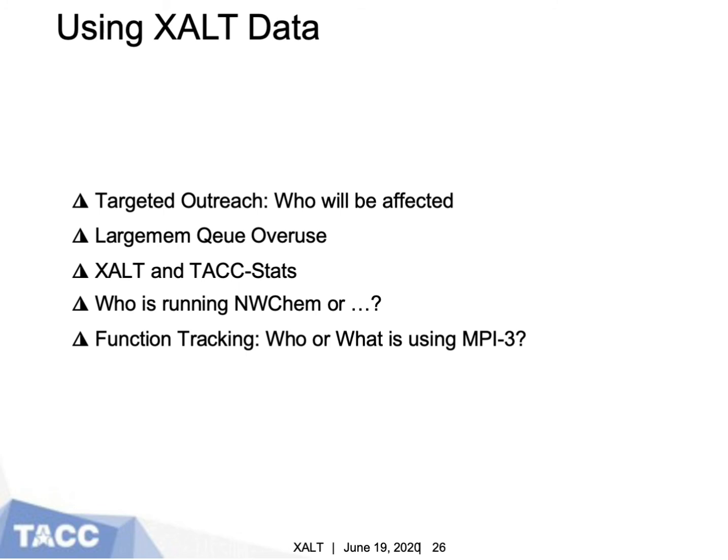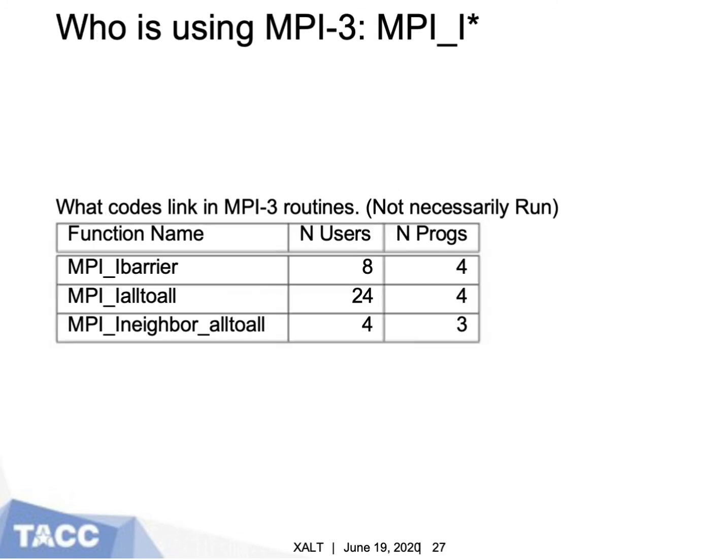But other times people come to my office and want to know who's running NWChem, who's running GROMACS, who's using the GPUs. Or I want to know who's using MPI3. So I was able to find out through our function tracking, which tracks all the MPI functions.